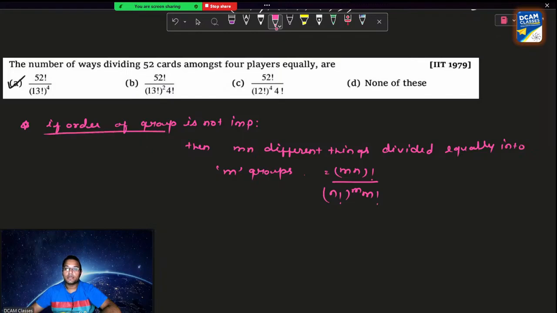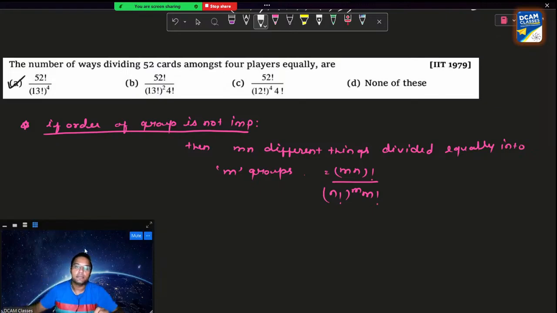This part is important. The order is not important, which means you can put the last group in the place of one or the first at the place of the second. You can rearrange them like that.